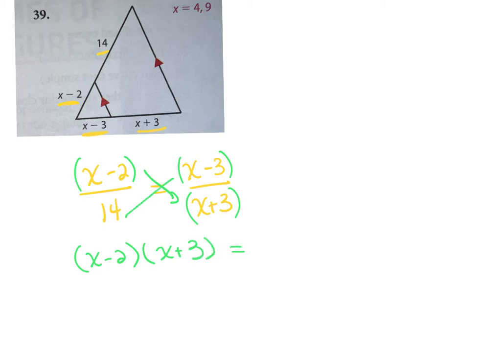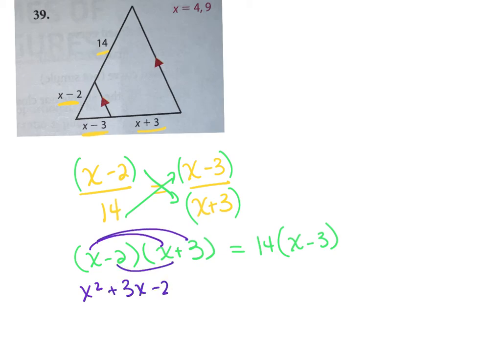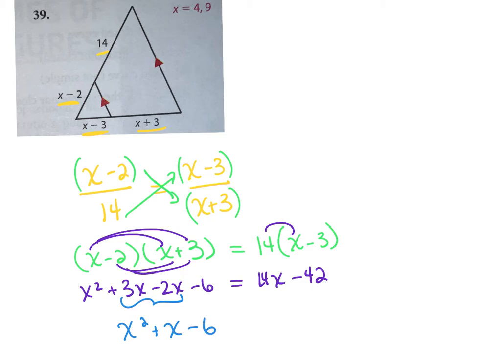On this side, I have 14 times x minus 3. Don't forget the foiling, x squared, I have 3x minus 2x minus 6. Distribute here, 14x minus 42. You do want to combine these. So we're going to have x squared plus x minus 6 equals 14x minus 42.